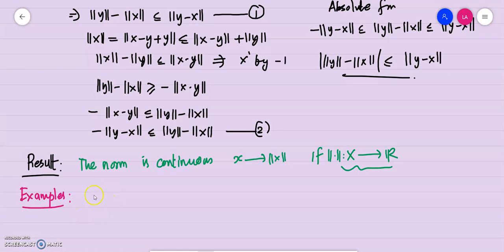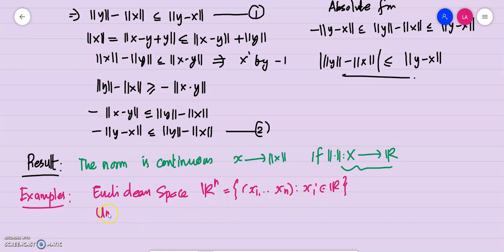The first example is the Euclidean space R^n, which we have known as the set of all n-tuples x1, x2, etc., xn such that each xi belongs to R, and the unitary space C^n, which is the set of all x1, x2, etc., xn where each xi is a complex number.